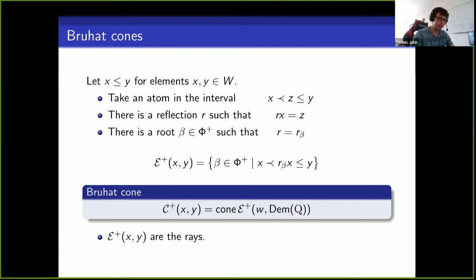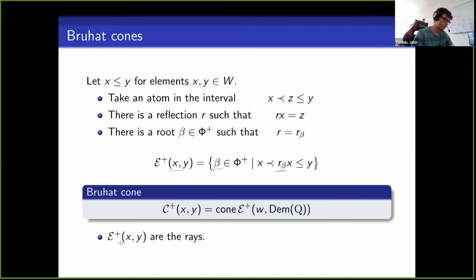And this reflection has a corresponding positive root. We then collect for the interval x to y all such roots that correspond to these upper covers. And the Bruhat cone then is simply the cone over these roots. So this is non-negative linear combinations of all roots in this set E+.